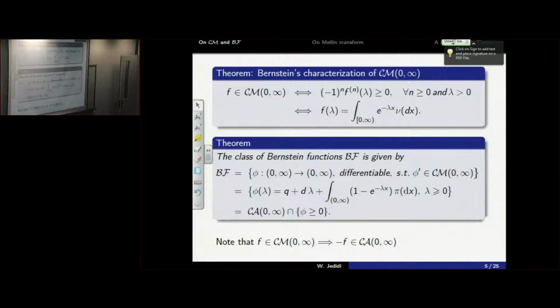In order that this condition holds for any t, a necessary and sufficient condition is that the Laplace transform of nu is said to be infinitely divisible. Why? Because this is equivalent to saying that for any integer n, there exists a sequence nu_n such that nu could be deconvoluted into nu_n convoluted with itself n times.